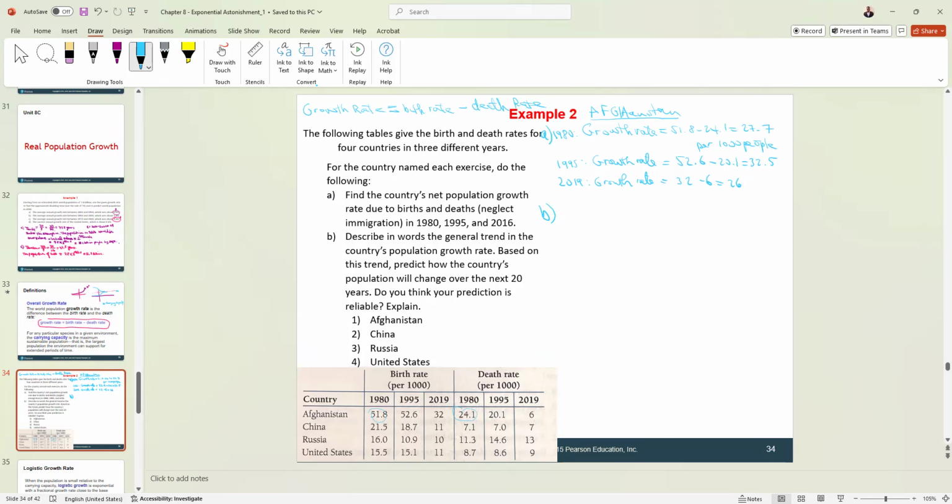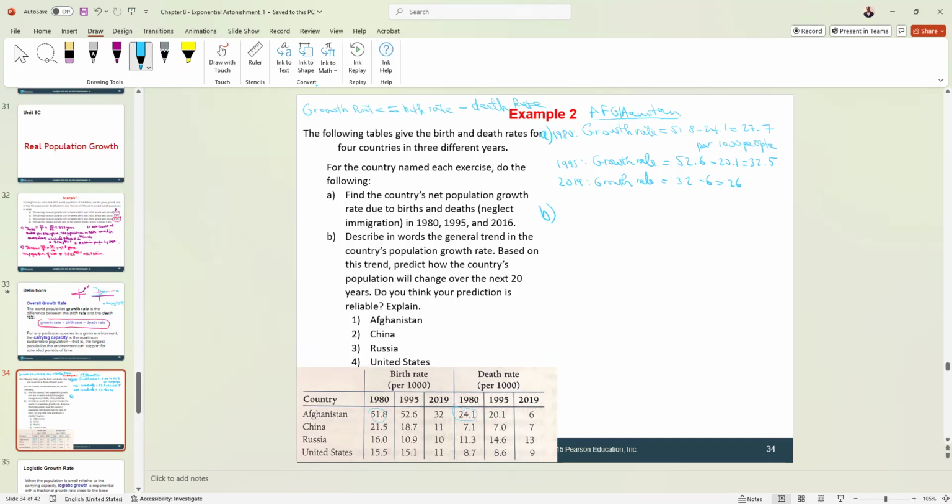I'm hoping you can write what I said. This implies a growing population. If these trends continue, we can expect an increasing population in Afghanistan, right? Because people don't die very quickly.